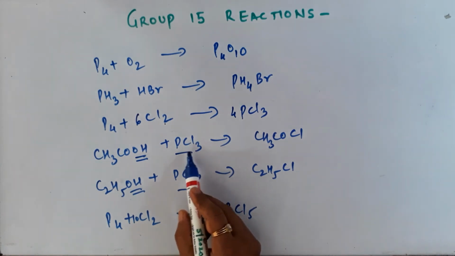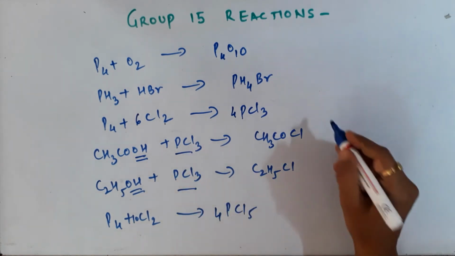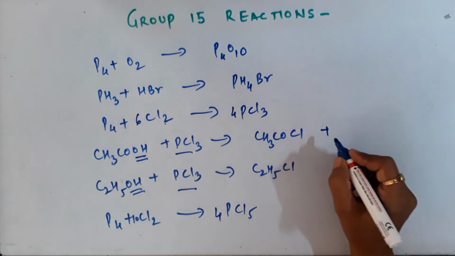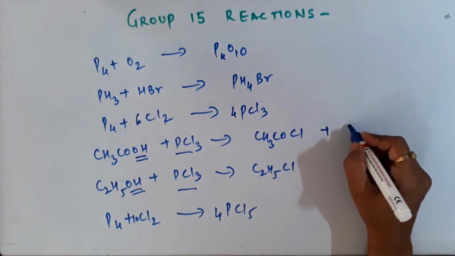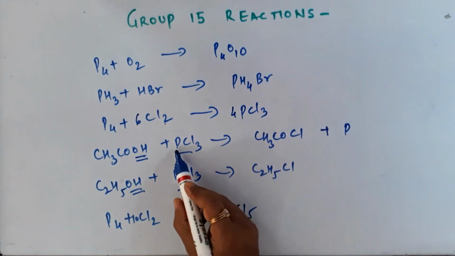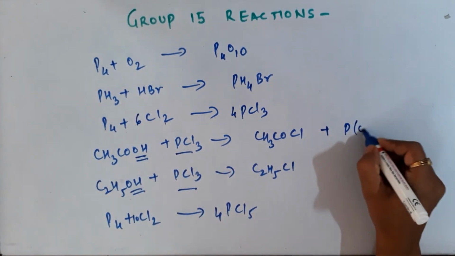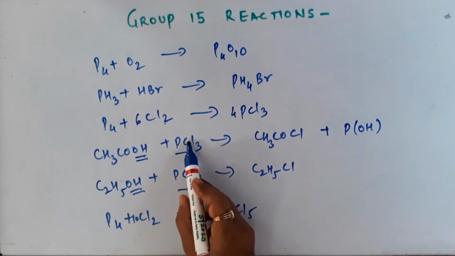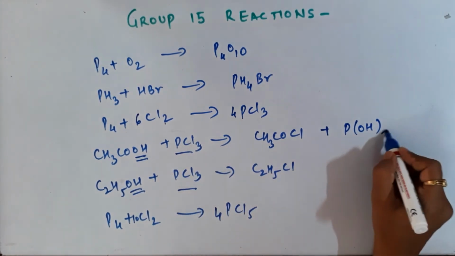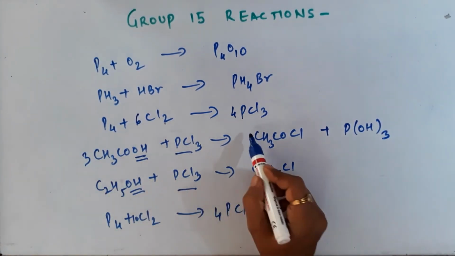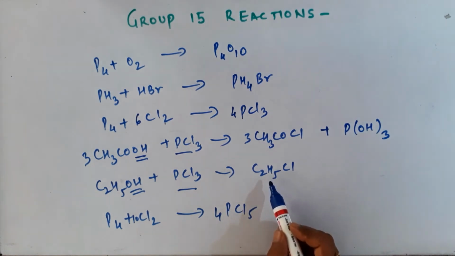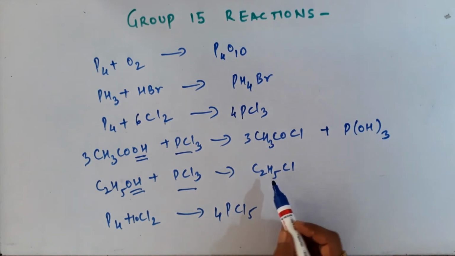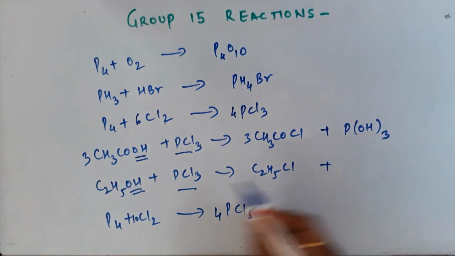If you react it with PCl3, you will be getting the other product as P(OH)3. Look at that. Similarly here you are getting the same thing, P(OH)3.